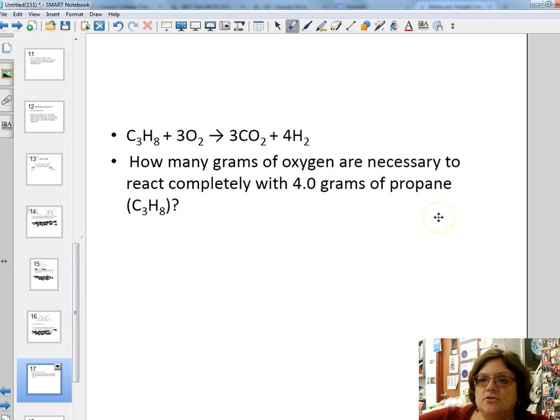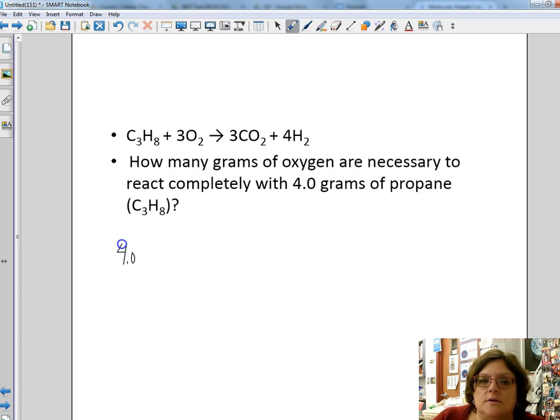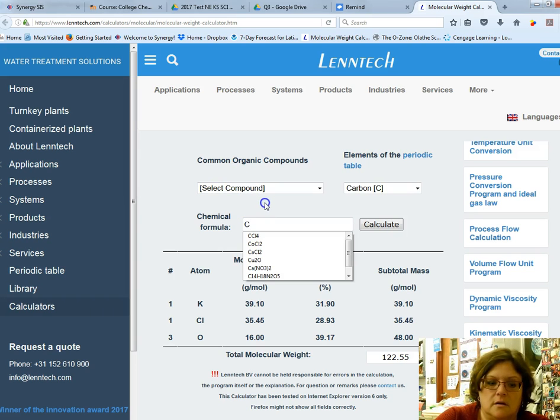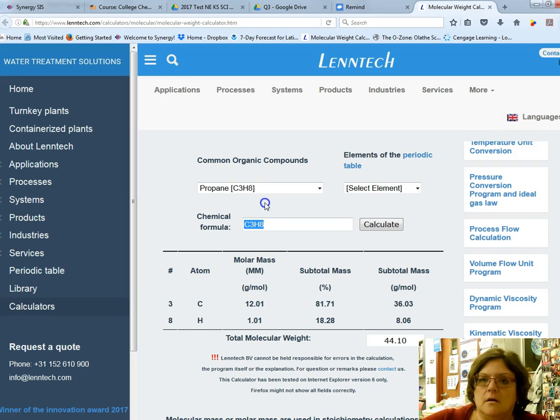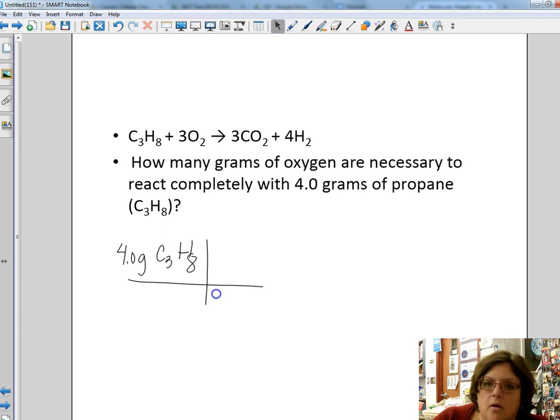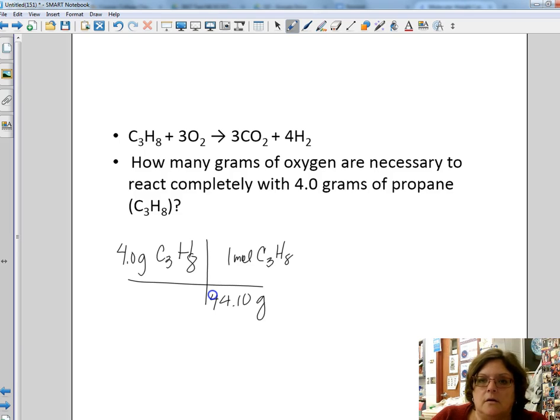How many grams of oxygen are necessary to react completely with 4 grams of propane? 4.0 grams of propane, and that is C3H8. Molar mass of propane, 44.10 grams in 1 mole of propane.